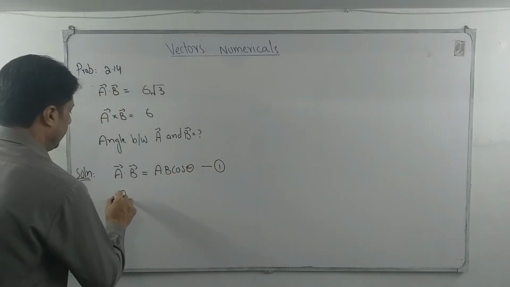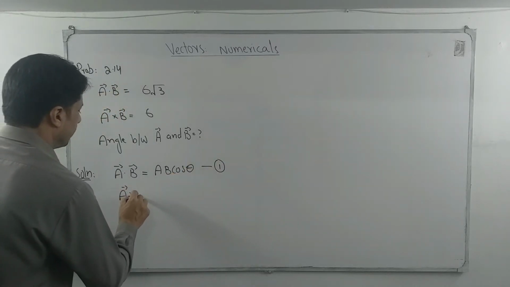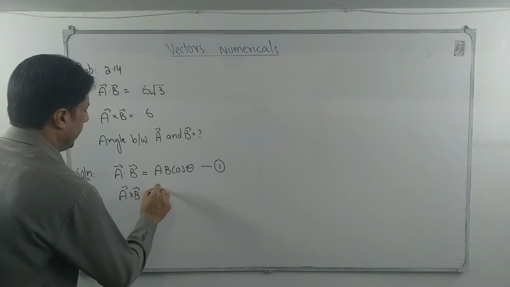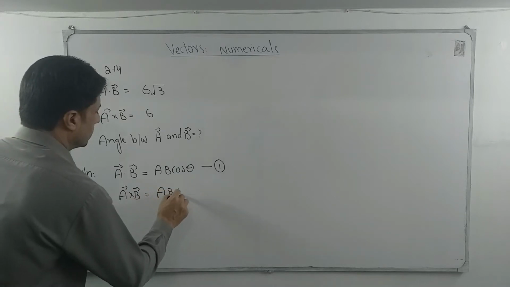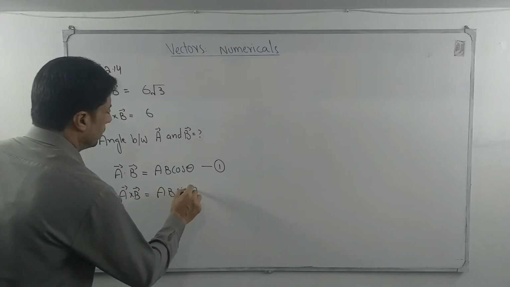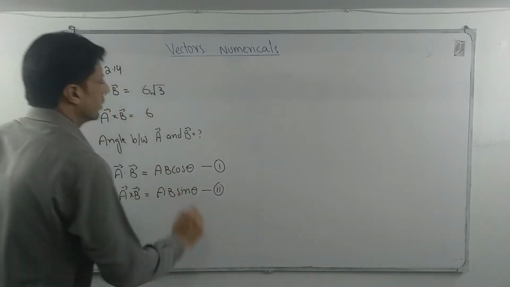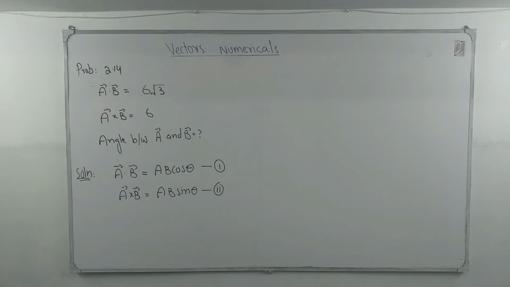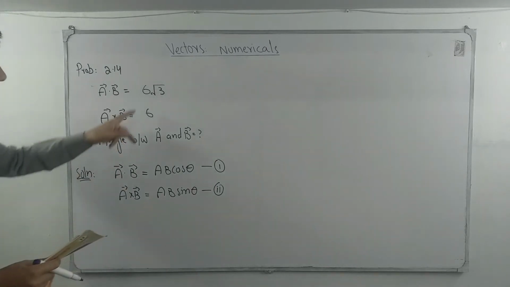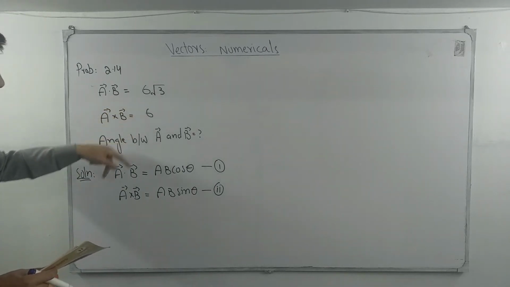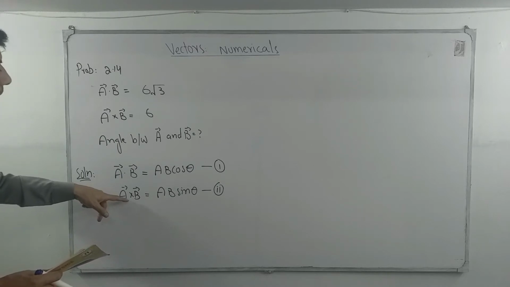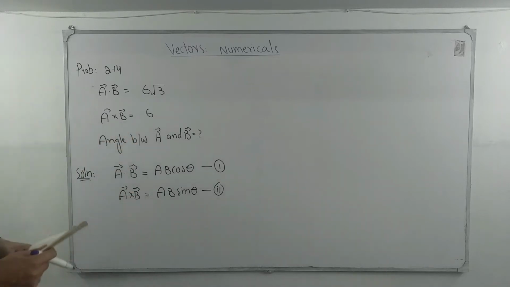We also know that A cross B is equal to AB sin theta, and this is the formula for the cross product. Now we have the value of A dot B, which is 6 under root 3, and the value of A cross B is 6. So how can we find the angle between them?